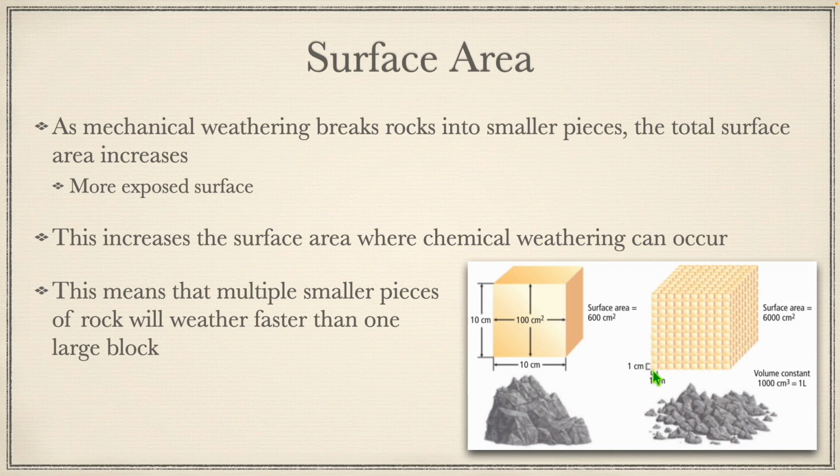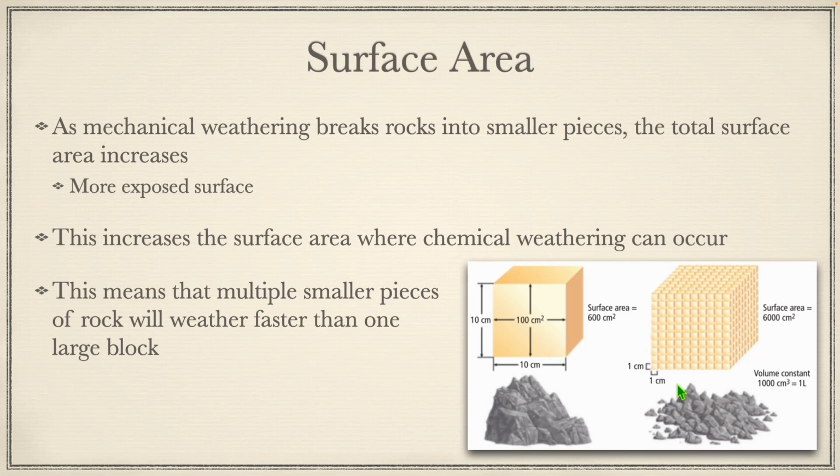If we break that down into pieces that are 1 centimeter each, each cube has 6 square centimeters of surface area, because you have 1 square centimeter on each side. But then you have 1,000 of these. Instead of one big block, you break it up into 1,000 little blocks, and all total you get 6,000 square centimeters of surface area.